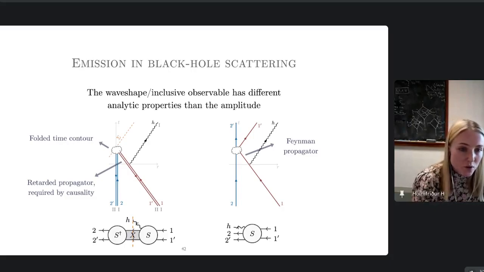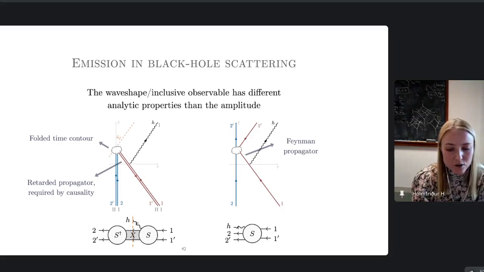So we have to use this folded time contour. And what happens in these calculations, these propagators in perturbation theory, is that what used to be a Feynman propagator for the amplitude changes into a retarded propagator, as required by causality. So it's very nice to see that working out.